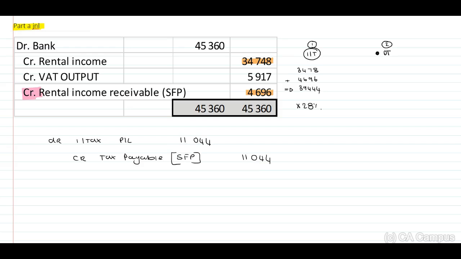Therefore, if we take this out, our deferred tax asset will be recognized. Therefore, we will have to debit our deferred tax in our statement of financial position, credit our deferred tax in terms of our income tax in our profit and loss, and this is the 4696 times 28%, and this is an amount of 1315.